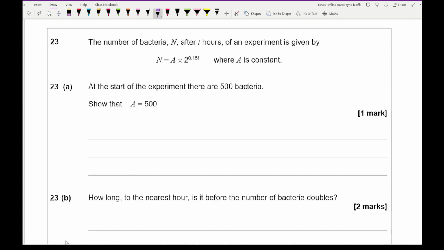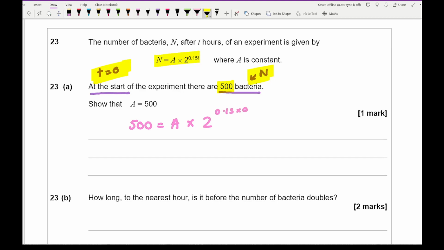Well, this is my value of n, and at the start t equals 0. So if I substitute these two numbers into this formula, then what I end up with is 500 equals a times 2 to the power of 0.15 times 0.